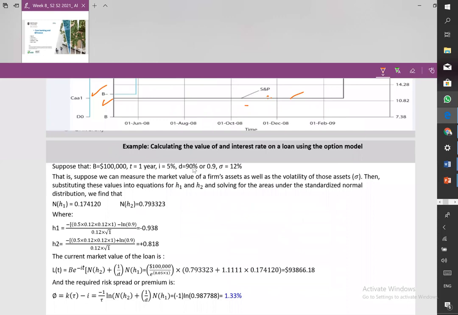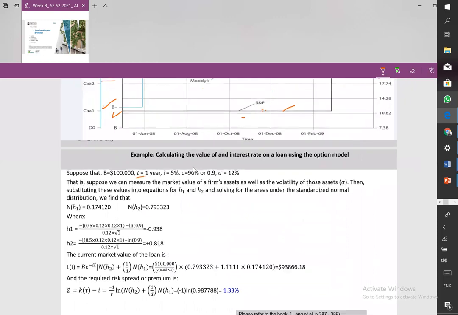This is the example. The example will be like this: I will give you the T, the loan, the I, the leverage and the standard deviation.